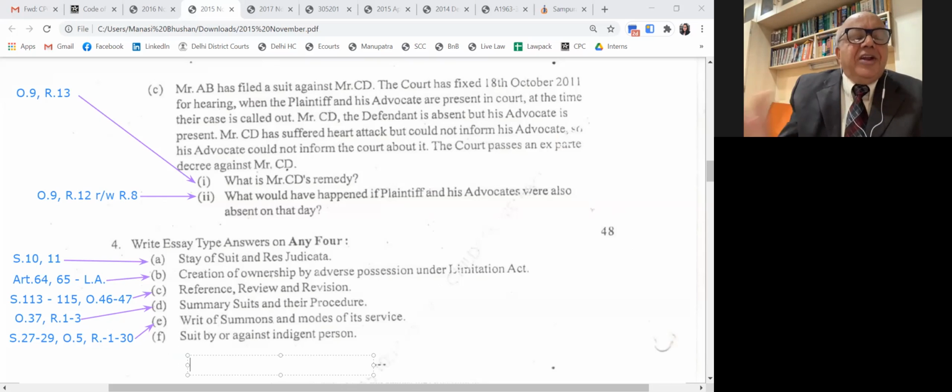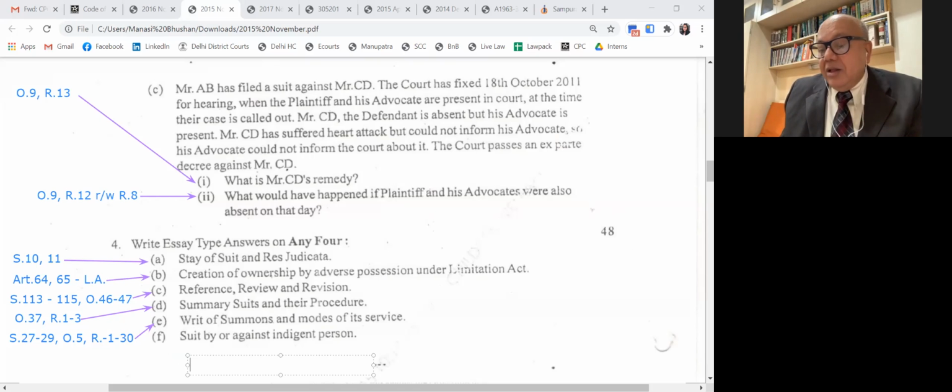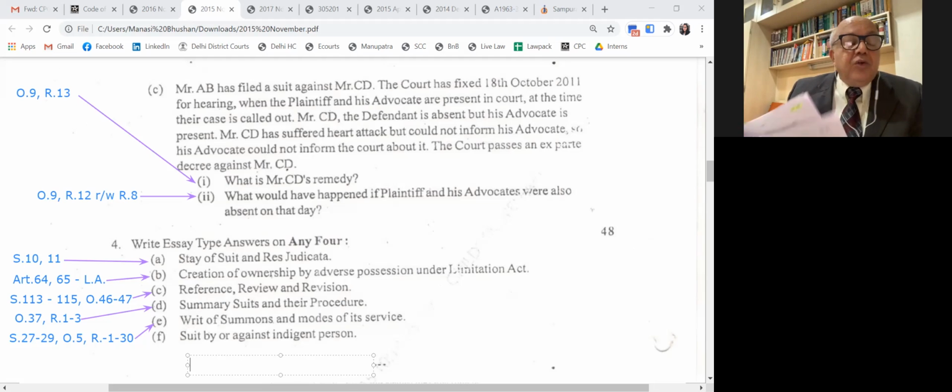Not written, just go through that. Summarily you can mention, since 48 marks are there, you have to mention at least two lines of each. Two lines of each. Section 20 you will have to include. Please go through that. Just write one line on each.